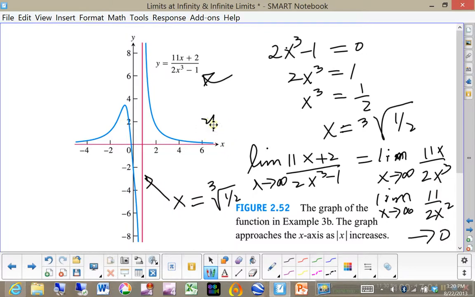So y equals 0 is the horizontal asymptote. And indeed, the graph confirms that.